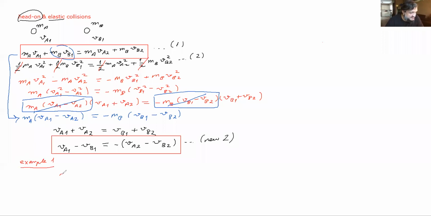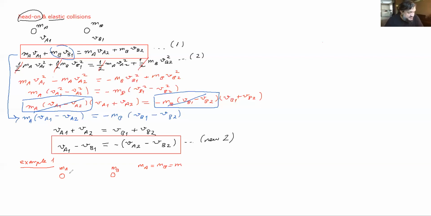Let's say this is ball A with a mass MA, and here is ball B, MB, and MA and MB are the same. I'm going to show you examples where they're not the same, but for now, let's keep it simple.